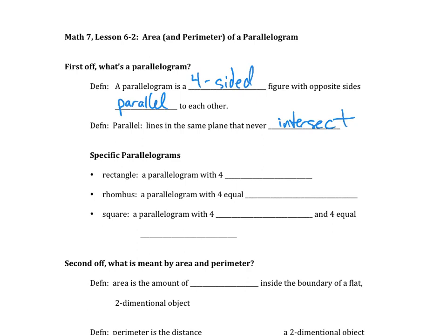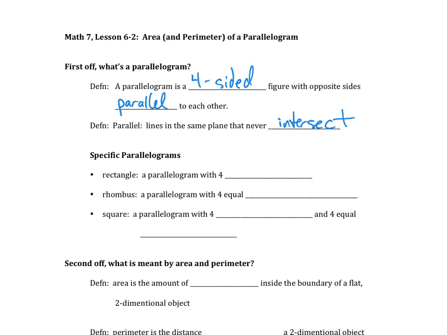The word plane is referring to a flat two-dimensional surface. But if I go away from the idea of a flat two-dimensional surface, and I think about a three-dimensional space, I could put these things all sorts of weird ways and they will never intersect, but they're not parallel. So when you think about a flat two-dimensional surface, just think about a wall or a piece of paper.